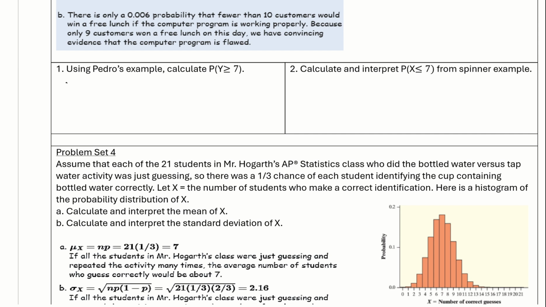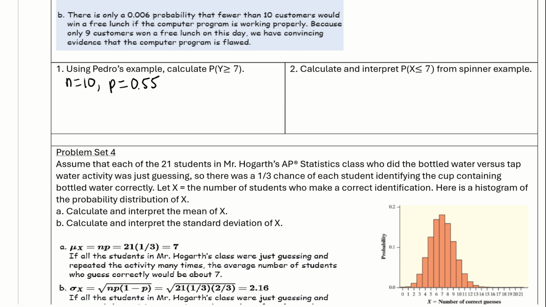Remember for Pedro's example, it was 10 lights, so n is equal to 10, and the probability of success for the red lights was 55%.